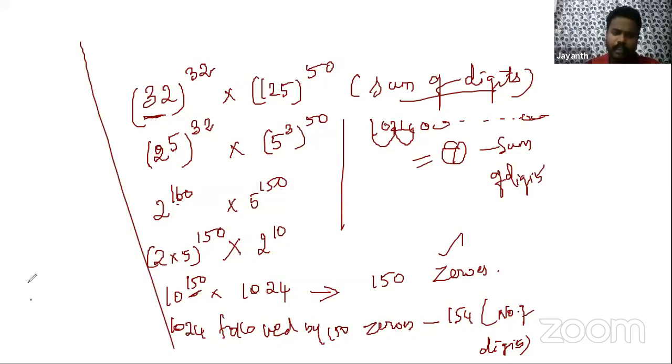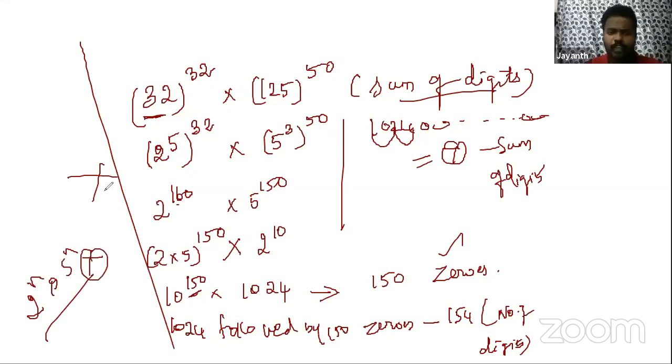Always keep this in your mind whenever you go for this kind of question. It will be in powers of 2 and powers of 5. If it is not given in powers of 2 and 5, then no need to bother about zeros. If there is no multiple of 2 and 5, no question will be asked here, because you cannot form zeros.